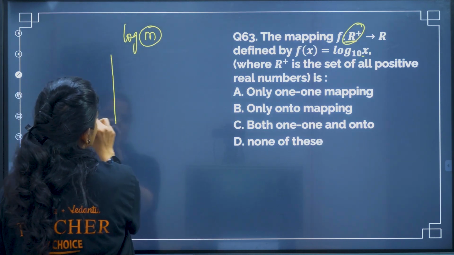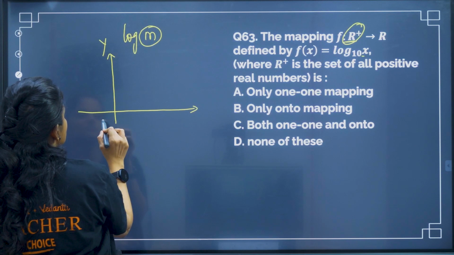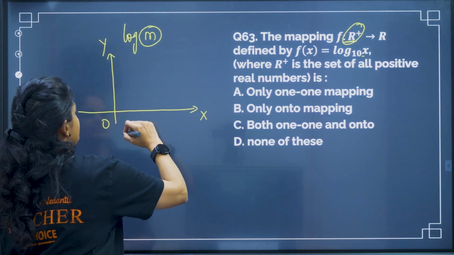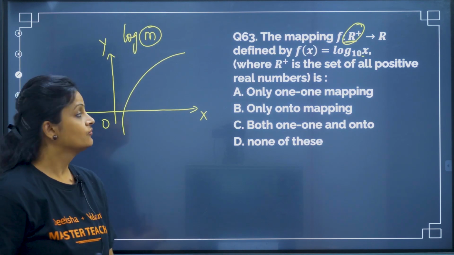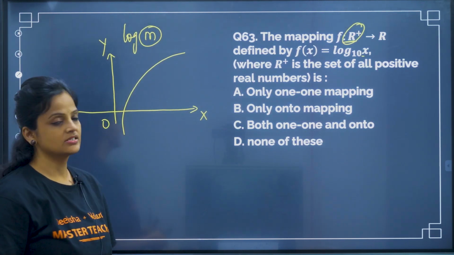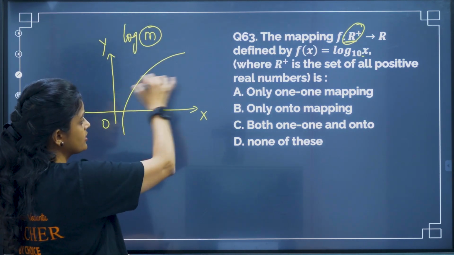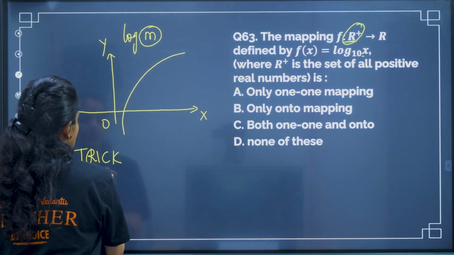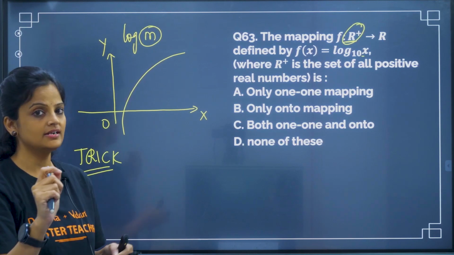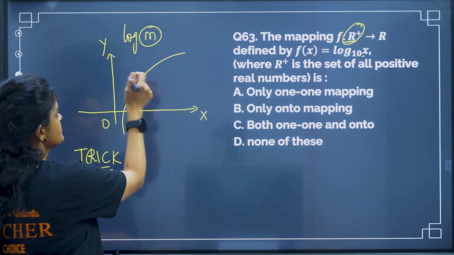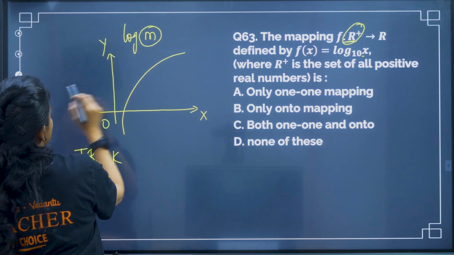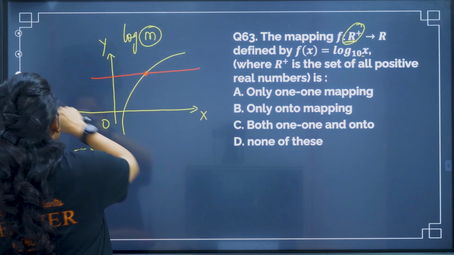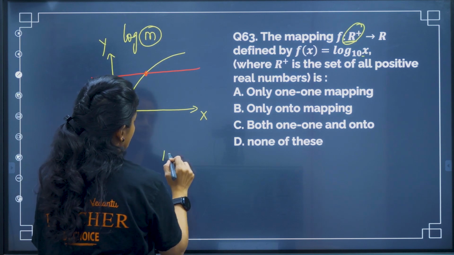Now let's go with a graph. Whenever it is possible for you to go with a graph, that is the best, I think. So with a graph, how to make out whether it is 1-1 or not? If you don't know this trick, then it's time to note it down. If a horizontal line is cutting the curve at a single point, suppose I am taking a line and it is cutting the curve at only one point, then definitely the function will be 1-1.